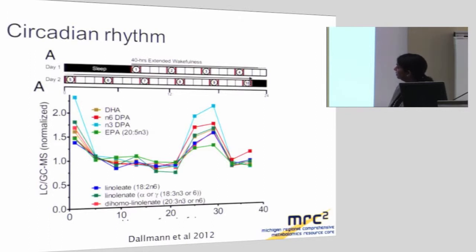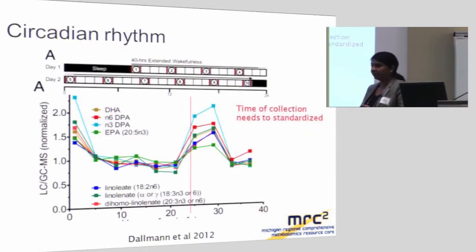You can see that as the number of hours go, there is a distinct pattern here. This is the 24-hour mark. You can see that despite not going to bed, there is a distinct circadian rhythm. So what does this mean to us? What time you decide to draw that sample matters. So be consistent with the time of collection of your samples.